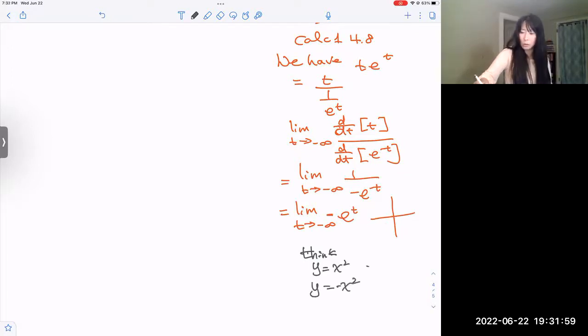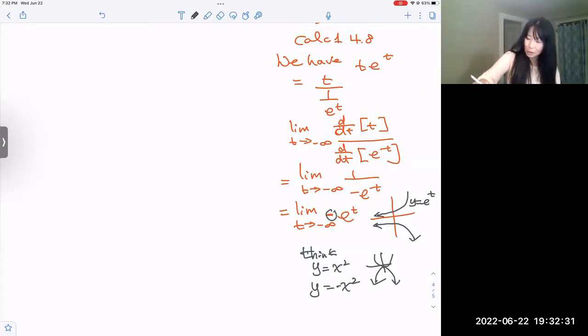What do you get? This one opens upward. What about this one? It opens downward, right? So if we have e to the x, e to the t, then this will be like this, right? So we call this a reflection about the x-axis, good.